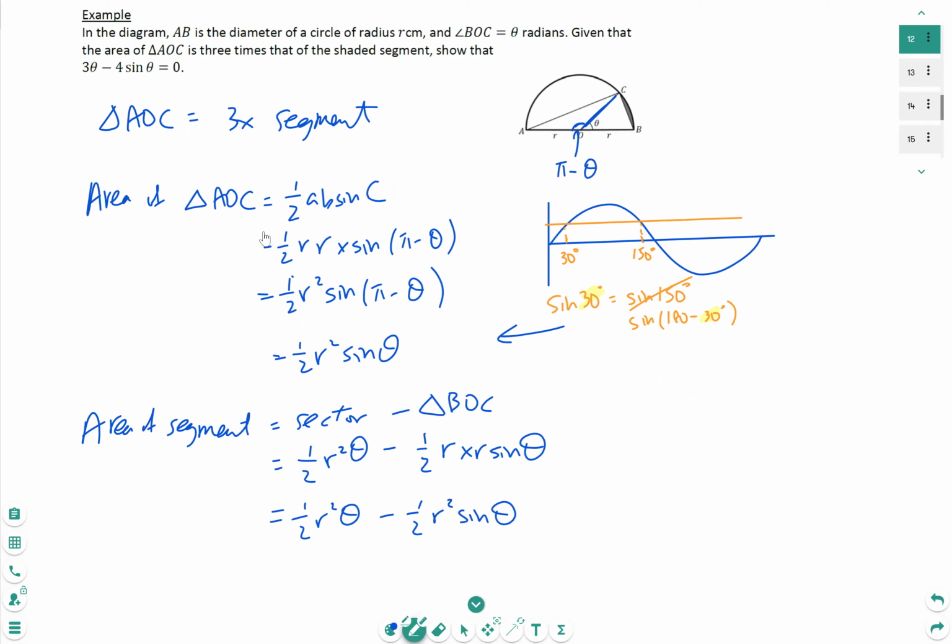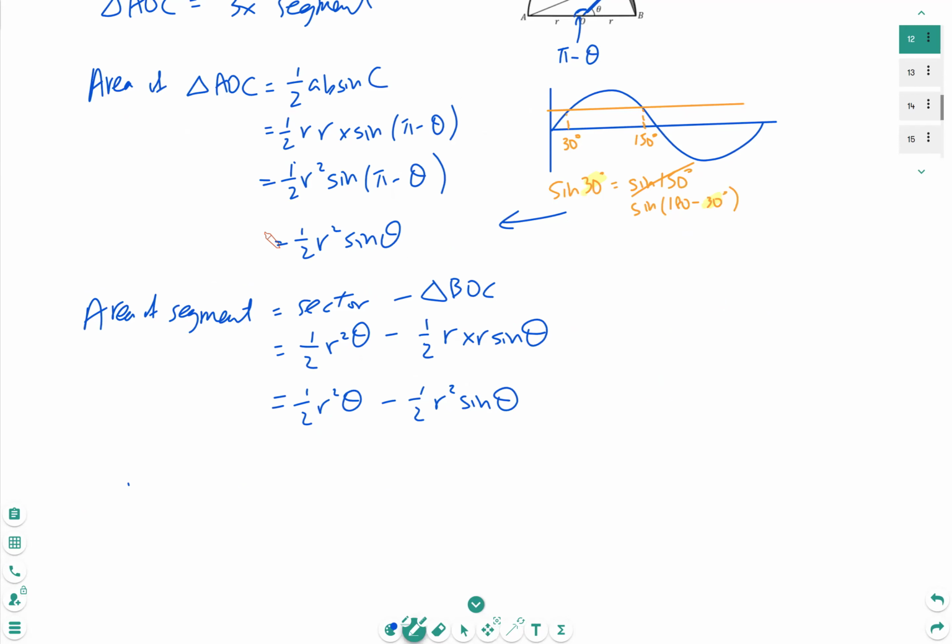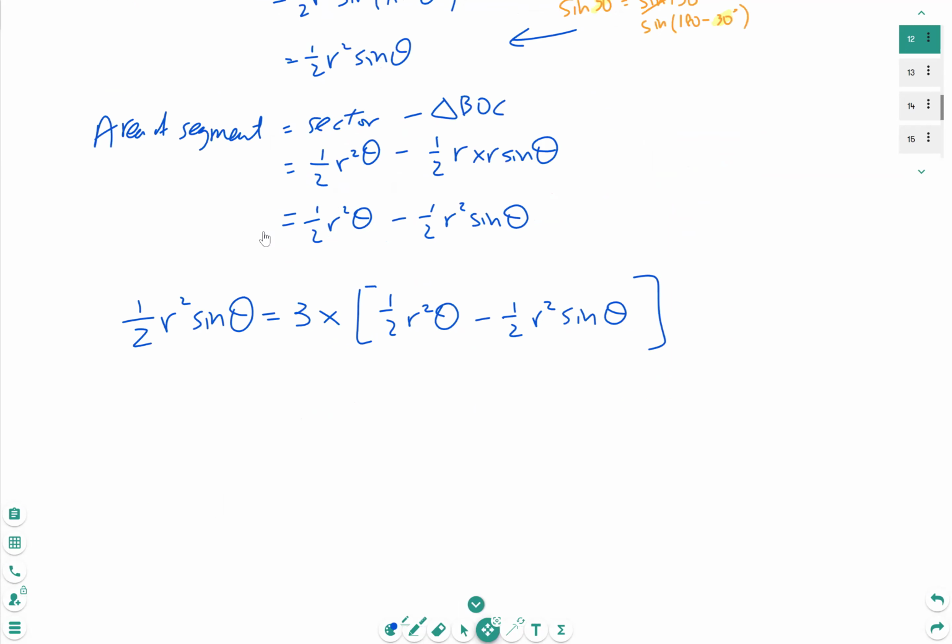We're told the area of triangle AOC equals 3 lots of this. So the area of AOC, half r squared sine theta, equals 3 lots of half r squared theta minus half r squared sine theta. So let me multiply 3 into the bracket. So half r squared sine theta equals 3 over 2 r squared theta minus 3 over 2 r squared sine theta.